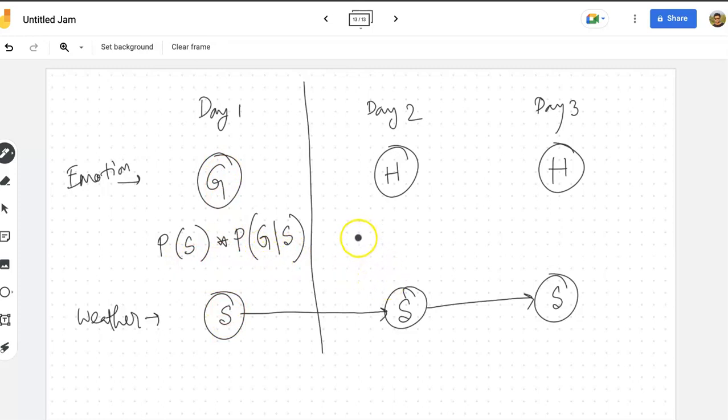What is the second thing? Similar thing: the probability that day 2 is sunny depends upon the previous day. This is a first order Markov, so it depends upon day 1. So given the previous day is sunny, what is the probability that today is sunny? And today is sunny, we know what is the probability that I am happy.